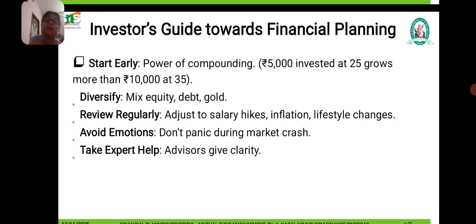If I get an increment of 5,000 rupees, I should plan not for making expenses but for making further investment. Inflation and lifestyle changes are criteria for regular review. Avoid emotions. Don't panic during a market crash. We have to take experts' help.